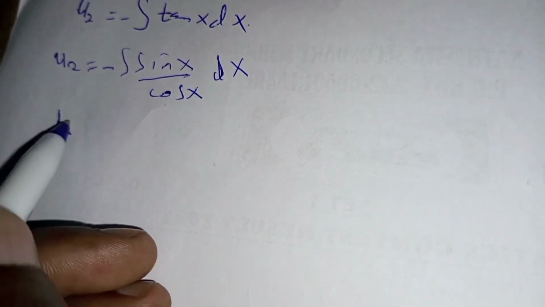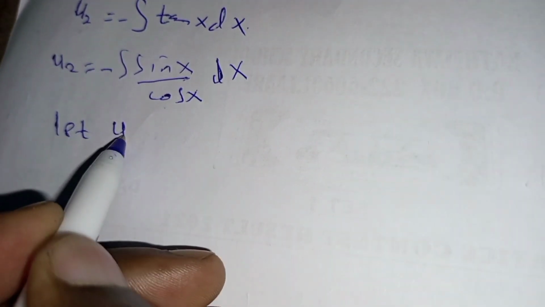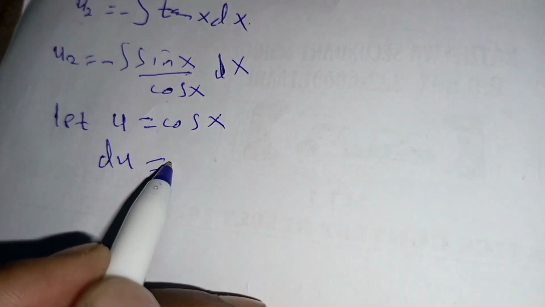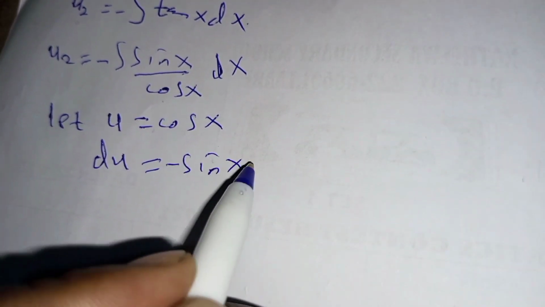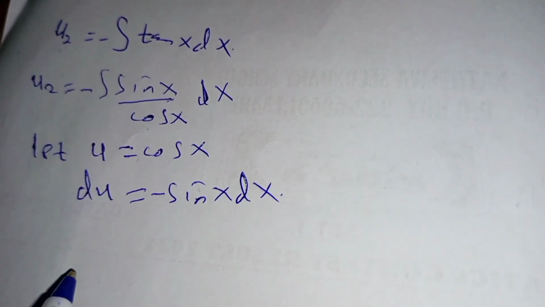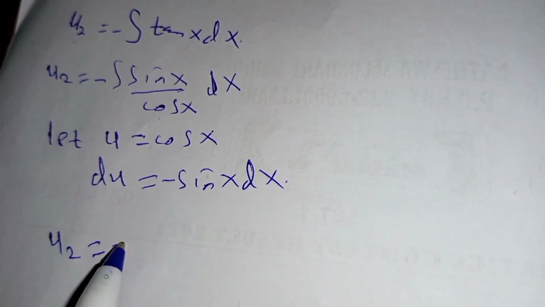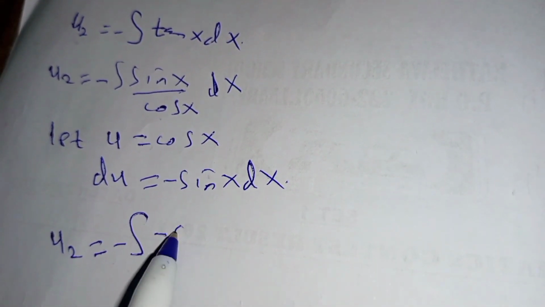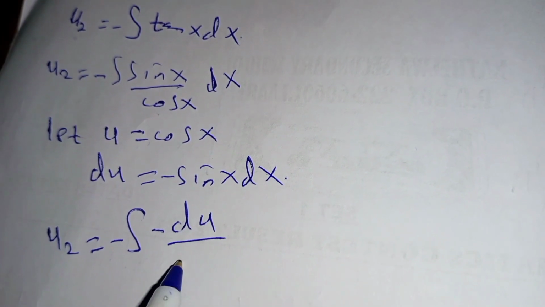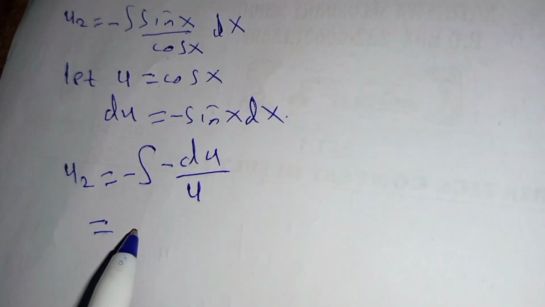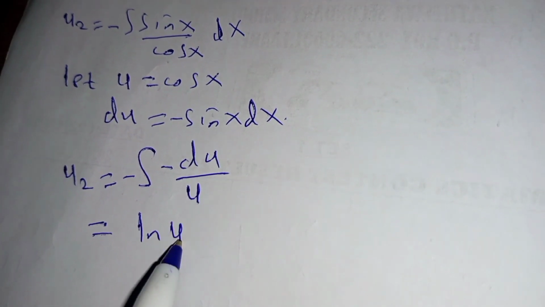We can let our u be equal to cos of x, du is equal to negative sine of x dx, meaning that our u2 is equal to negative integral of negative du divided by u, which is equal to natural logarithm of u.